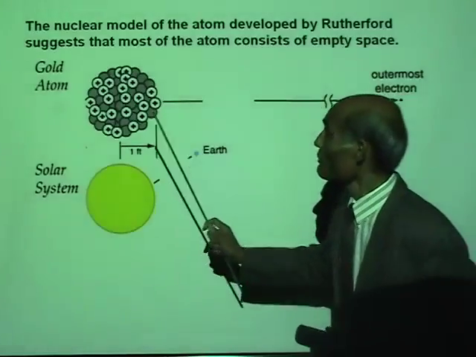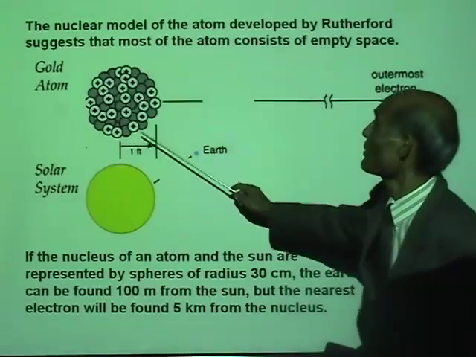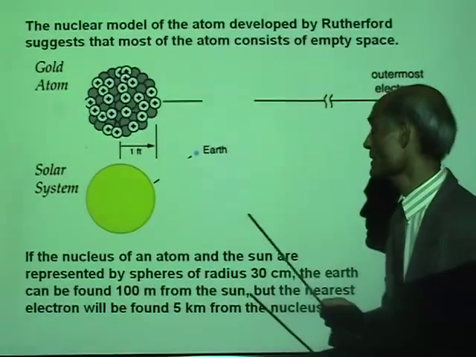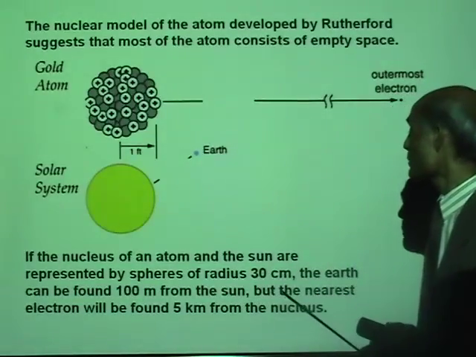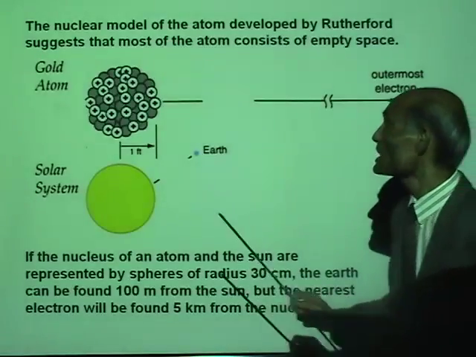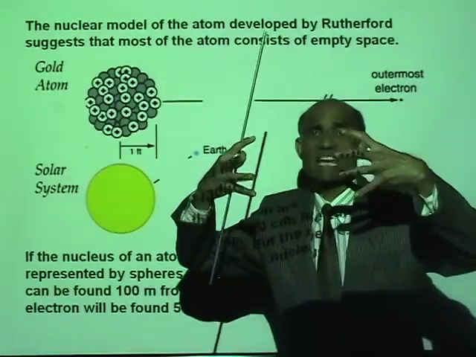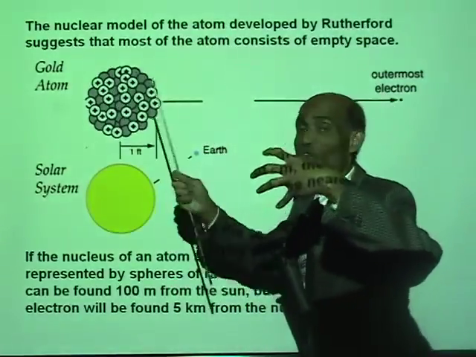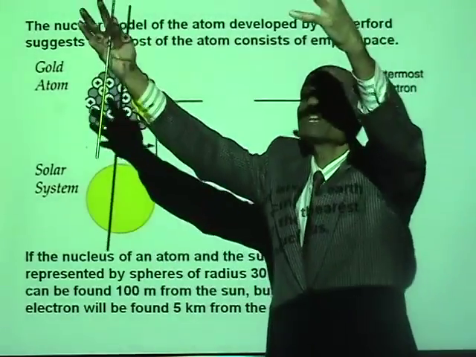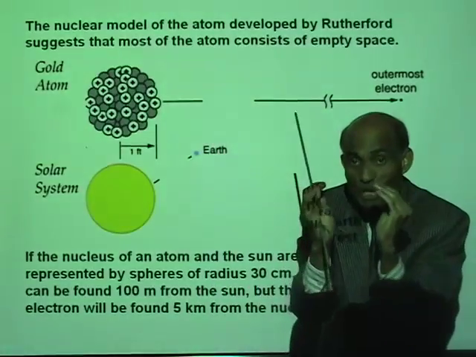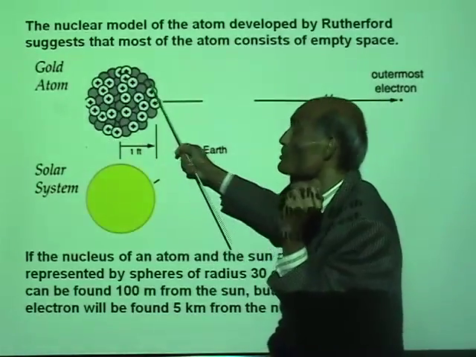Now, this is the nucleus of, say, gold. If the nucleus of the atom and the sun are represented by a radius of 30 centimeters. In fact, if you increase the size of a gold nucleus so that it is now 30 centimeters in diameter, and you decrease the diameter of the sun and bring it down to 30 centimeters, here is the sun, and here is the gold nucleus.